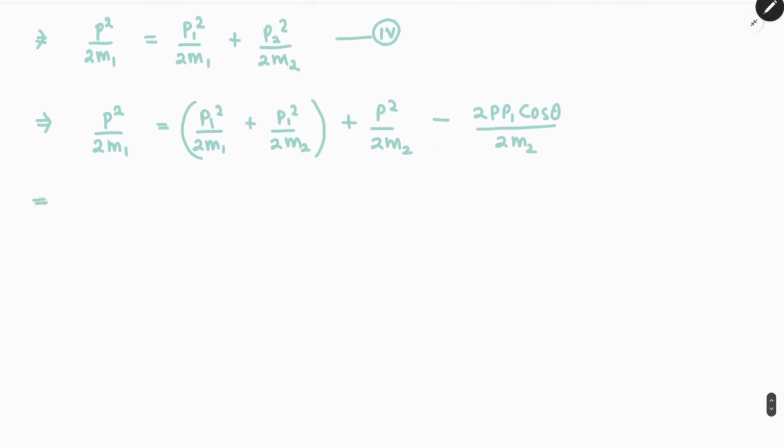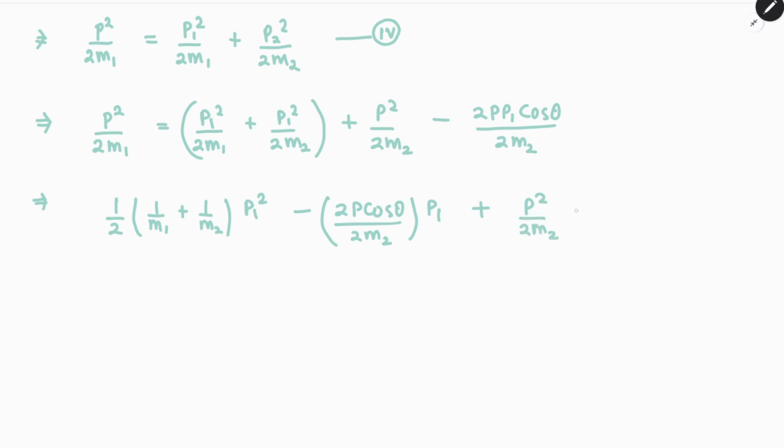So if we arrange the variable in terms of a quadratic equation for p1 square, then we rewrite this expression to have the form half of 1 by m1 plus 1 by m2, p1 square, minus 2p cos theta by 2 m2, or we can just remove this 2, p1, plus p square by 2 m2 minus p square by 2 m1, and this is equal to 0.